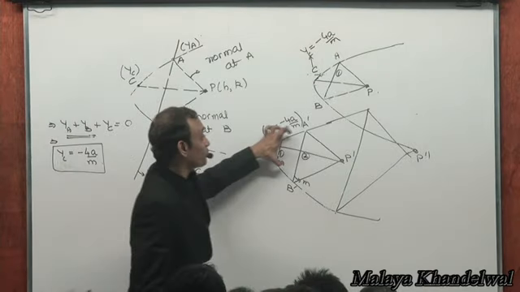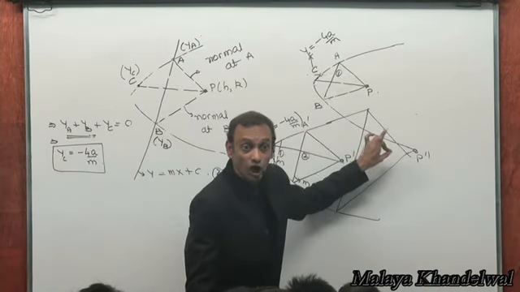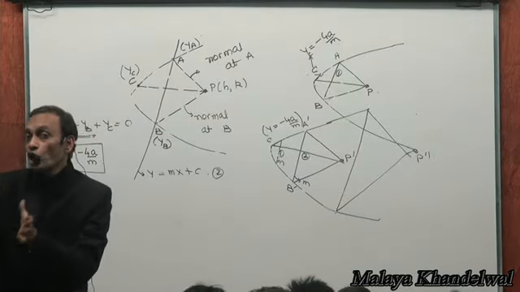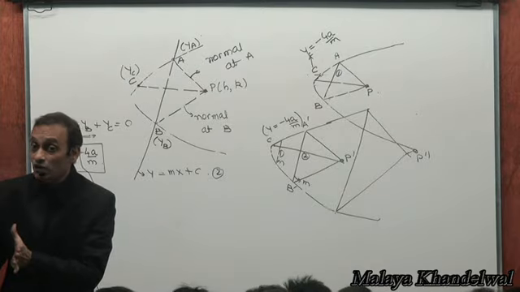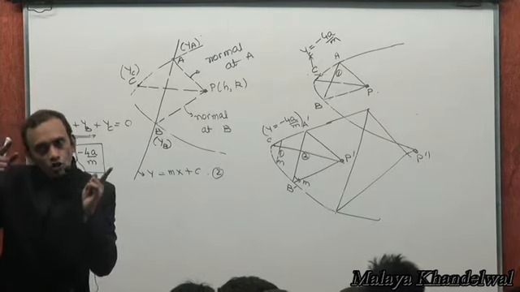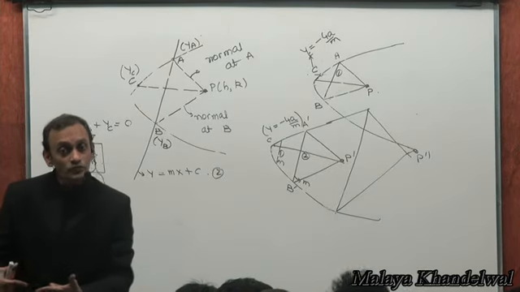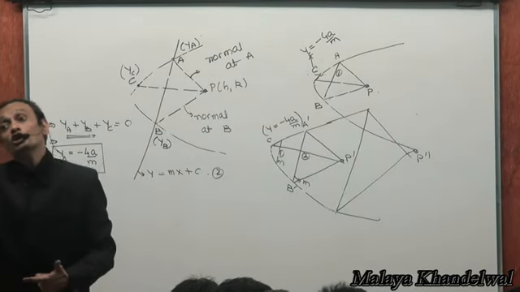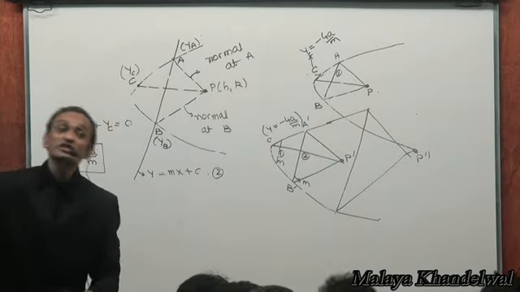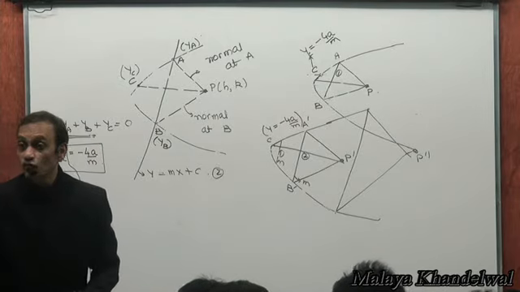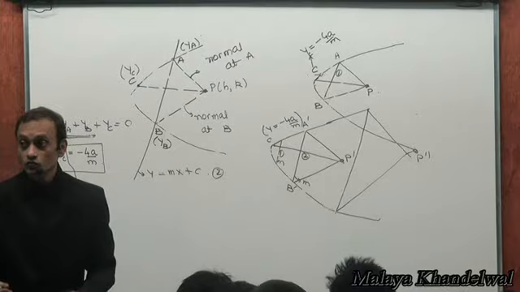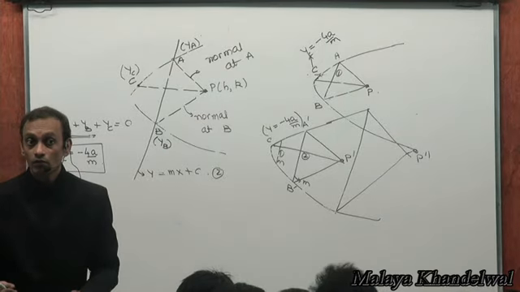If I have a set of parallel chords, and if I draw normals at the extremities of these parallel chords, then the third normal from the point of intersection must be at the same point C, that is y equal to minus 4a by m. Yes or no?